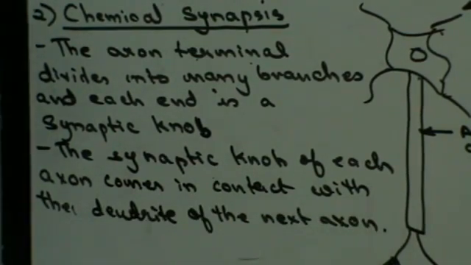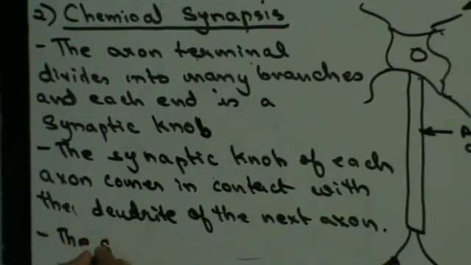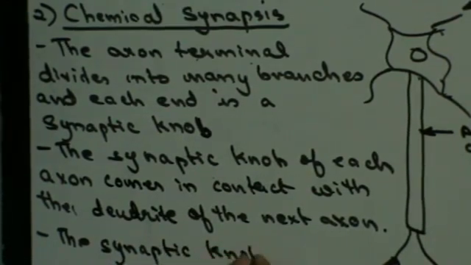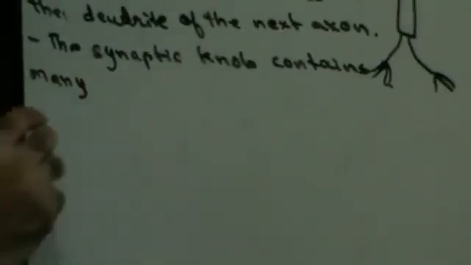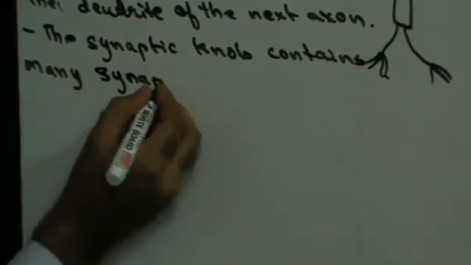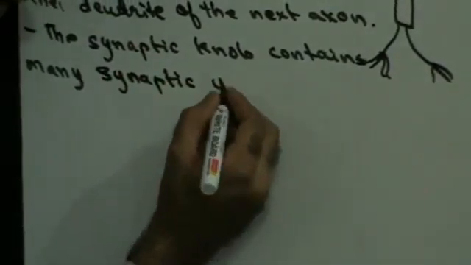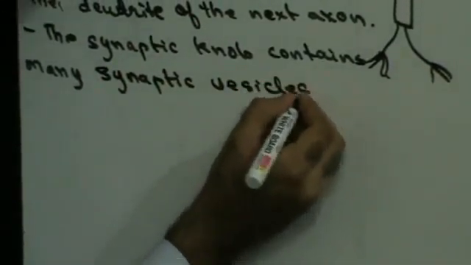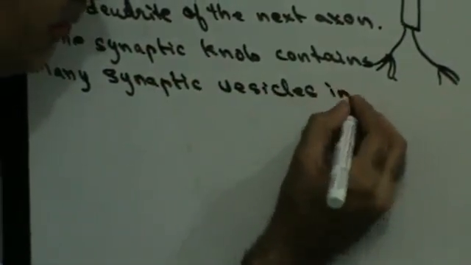Fine. The synaptic knob contains many synaptic vesicles in its cytoplasm.